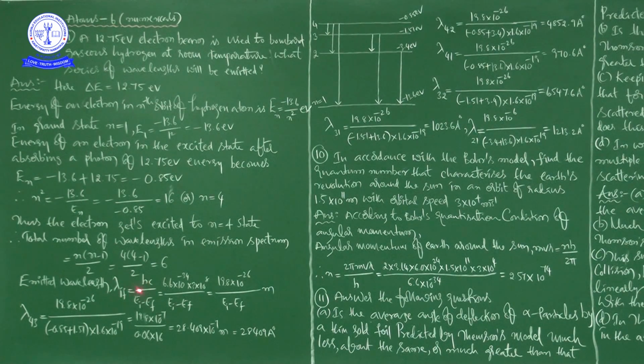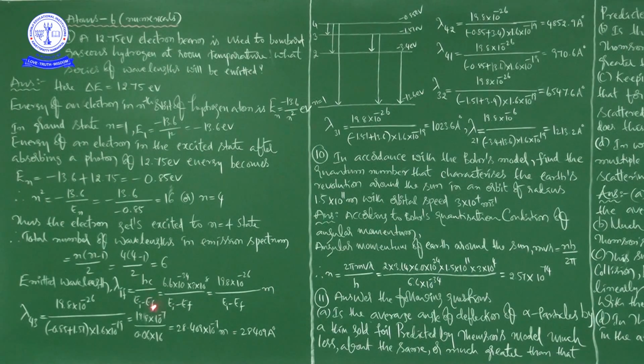So lambda IF is equal to the general formula hc by EI minus EF, that is 6.6 into 10 to the power of minus 34 into 3 into 10 to the power of 8 divided by EI minus EF, that is equal to 19.8 into 10 to the power of minus 26 by EI minus EF meters, right? So it is like a formula. Just a formula; it doesn't give the wavelengths we need to find in the problem.